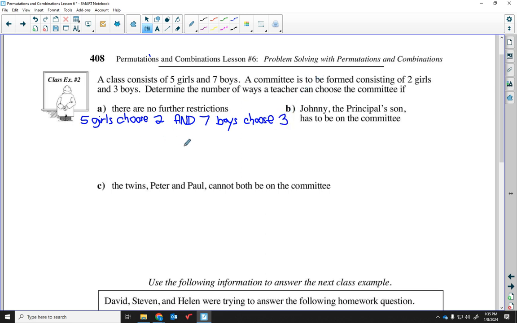So we can form a simple combination statement. Of the 5 girls, we're going to choose 2. Of the 7 boys, we're going to choose 3 of them. Okay, we can plug it into our calculator. And if we do that, the number of different ways would be 350.